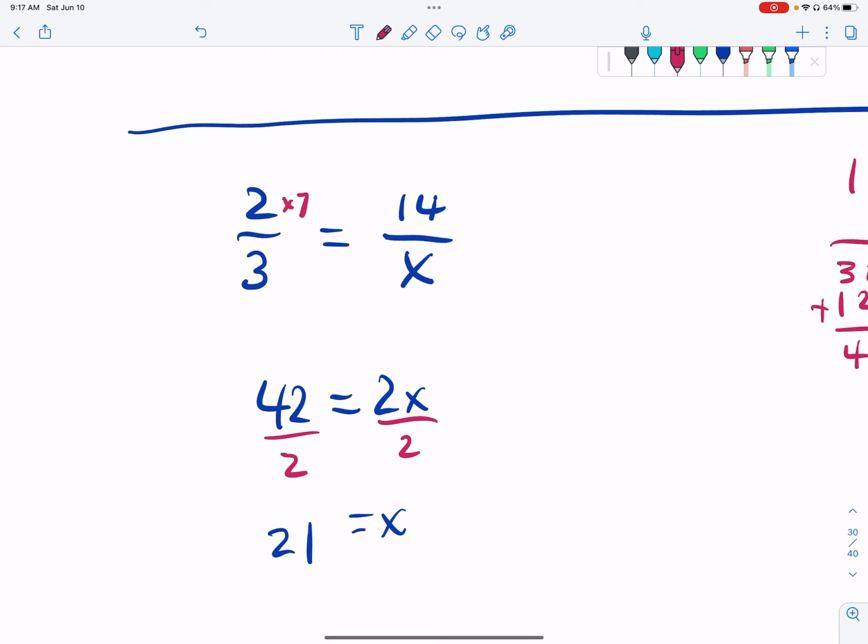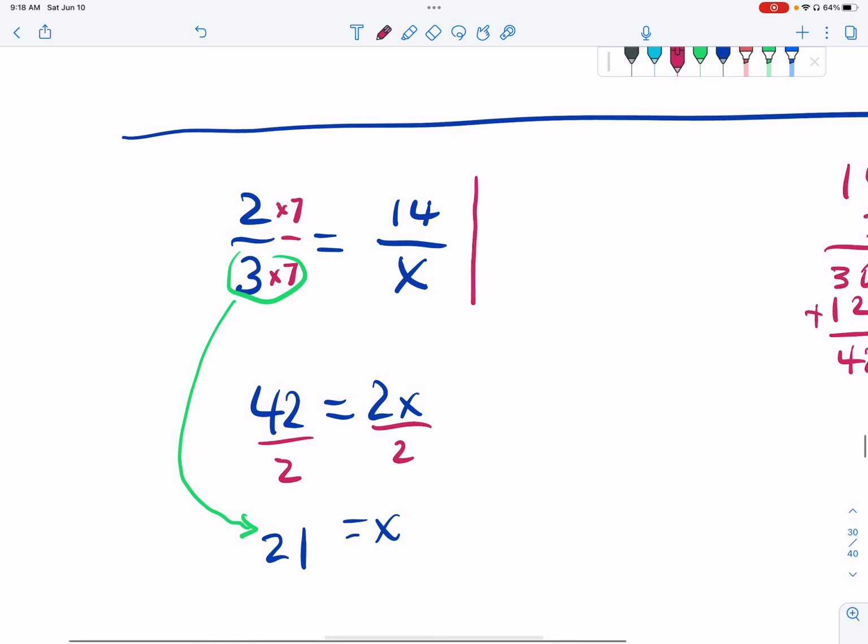It's times 7. And if you multiply the top by 7, you got to multiply the bottom by 7 as well. Essentially you're multiplying it by the fraction 7 over 7, which is our fancy 1 again. Anyway, up top I would have my 14, and on the bottom there is the 21 that we solved for before. So will that shortcut always work? Yes, it will. It's just that it's not always convenient, because sometimes it's not a nice, neat whole number that you have to multiply this by in order to get your scaled up fraction.